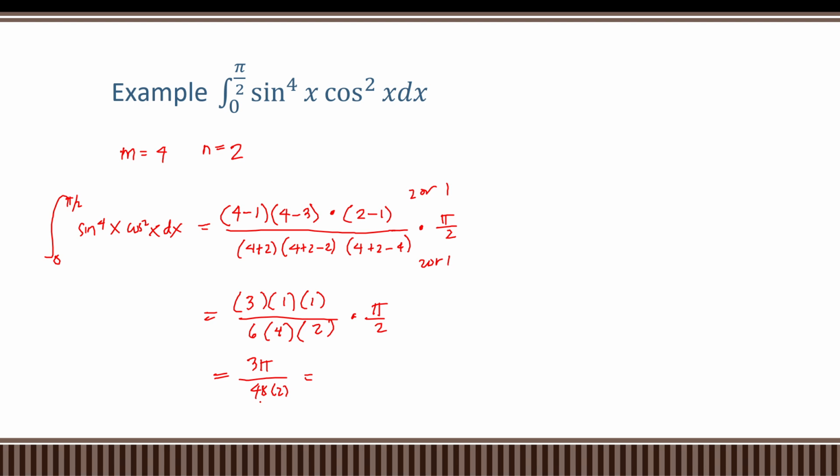Divide 96 by 3, that is 32. Therefore 3 pi over 96 is pi over 32. So this is the answer for example number 1.